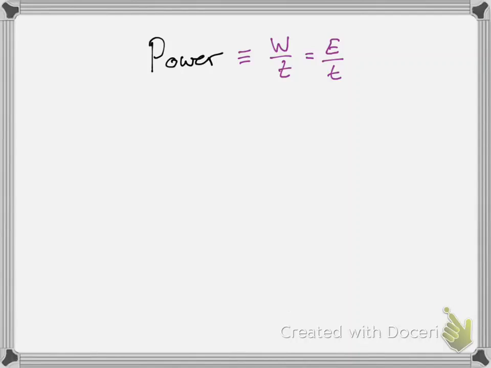Remember that power is a measure of energy over time. So if we're doing work on something, it's the amount of work that we do per unit time, or if something is using energy, it's the amount of energy per unit time. So power is energy over time, and the units of power are joules per second, or a watt, which is abbreviated with a capital W.